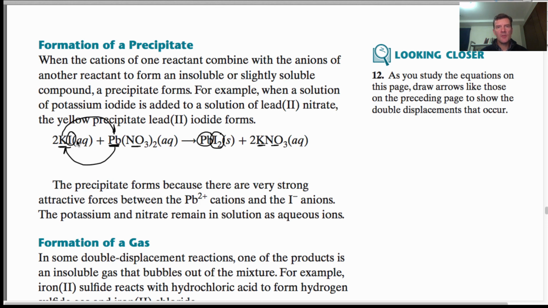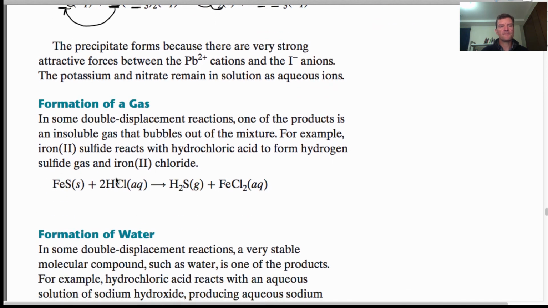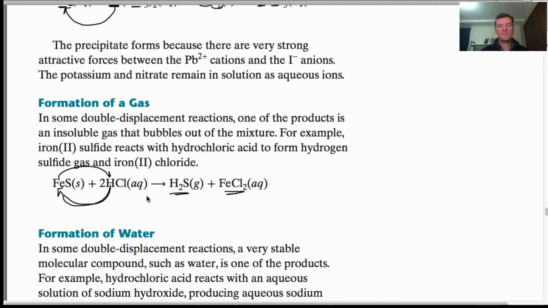It's a double displacement. They both switch places, and they basically are going to form new compounds with the other nonmetal. Okay. Here's an example. Iron and hydrogen are going to switch places. Iron now is going to be with the chlorine, and the hydrogen is going to be with the sulfur. Okay.